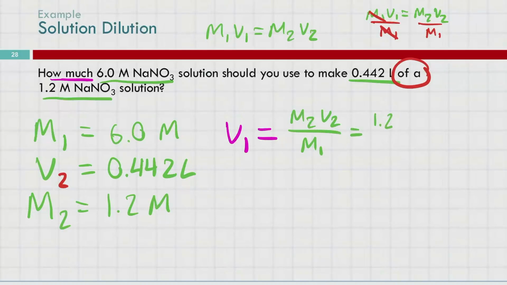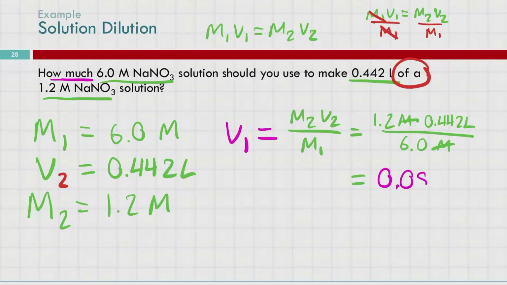So 1.2 molar times 0.442 liters divided by 6.0 molar. The molars cancel. We're left with units of liters. And the answer, 0.088 liters.